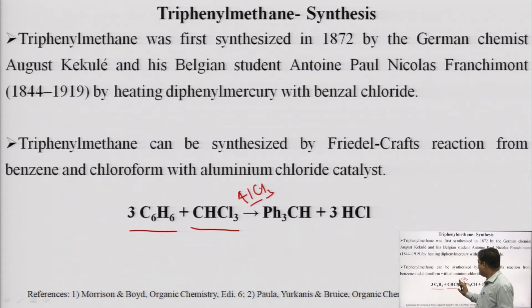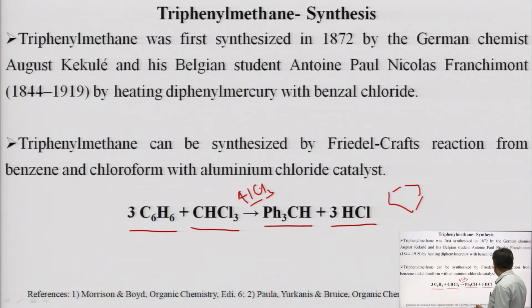In its presence, 3 molecules of benzene react with 1 molecule of chloroform, and we get triphenylmethane along with 3 moles of hydrogen chloride. So, the reaction is clearly very simple.